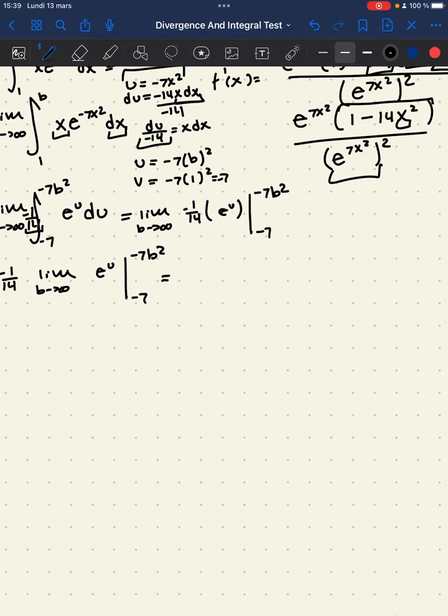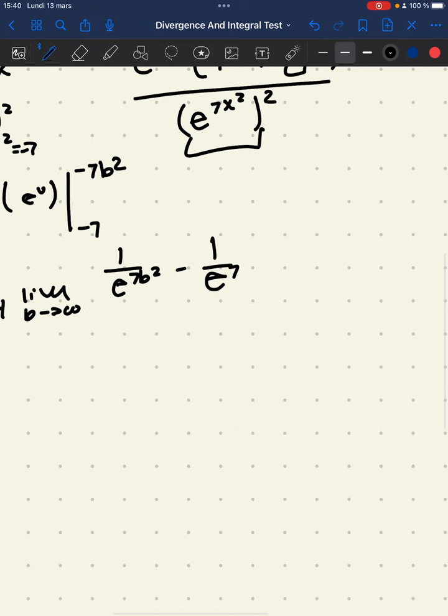This is equal to negative 1 over 14, limit as b approaches infinity, e to the negative 7b squared, which is the same thing as saying 1 over e to the 7b squared minus 1 over e to the 7.